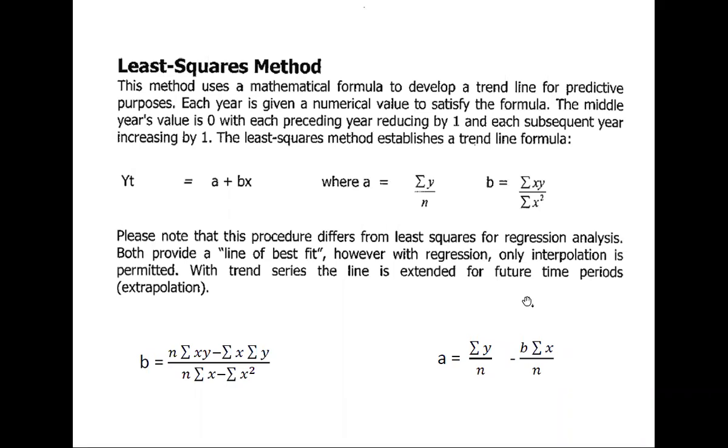We know from regression analysis that a is summation Y over N minus beta summation X over N, where beta is N summation XY minus summation X summation Y, over N summation X squared minus summation X, all squared. That is a little correction here.